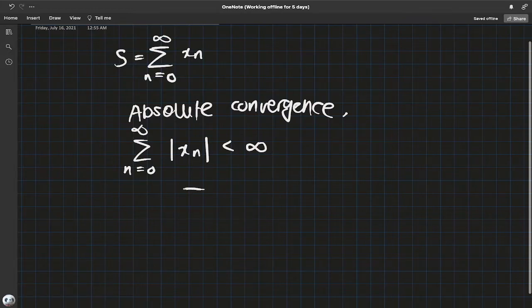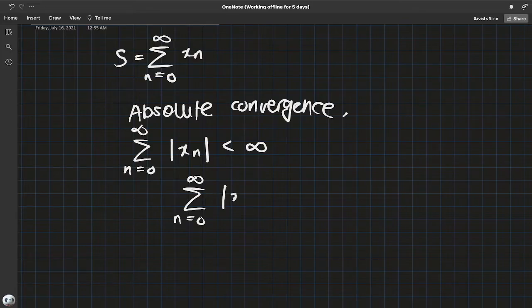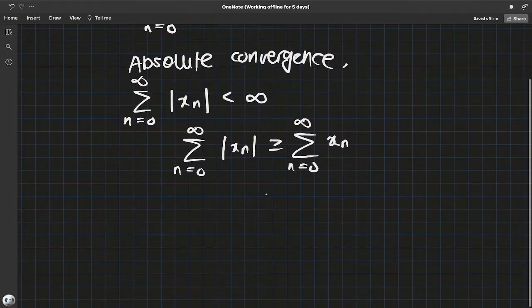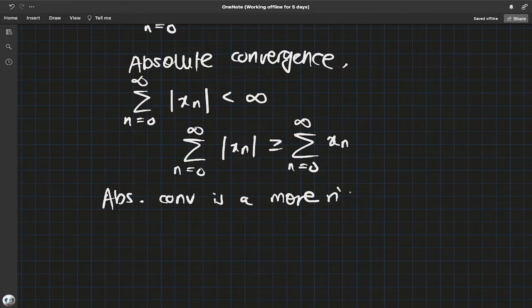Now, since we have this property that the absolute value series is greater than or equal to the non-absolute value series, absolute convergence is a more rigid condition than just convergence.